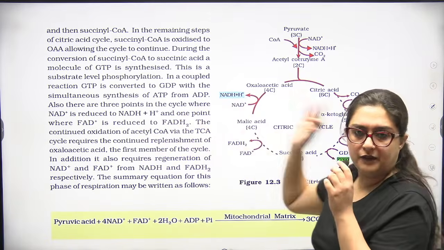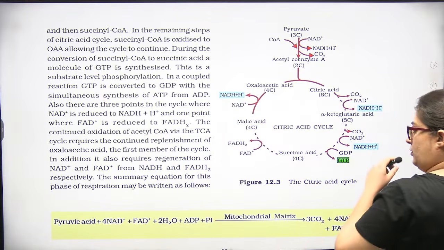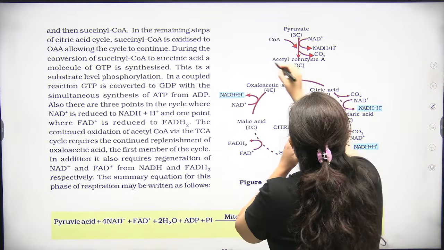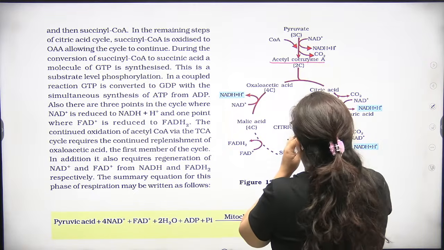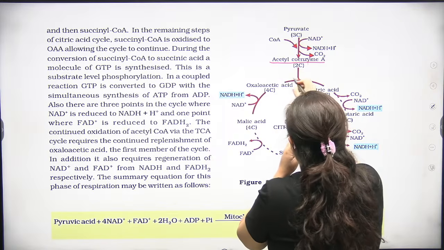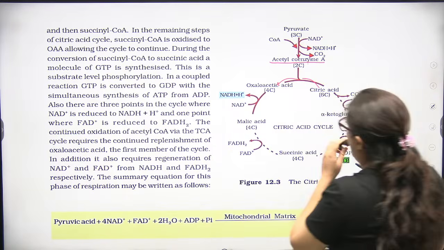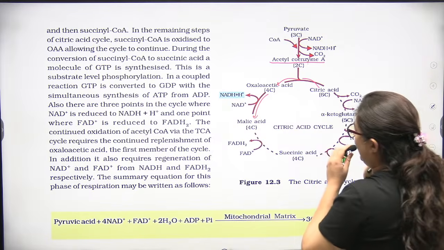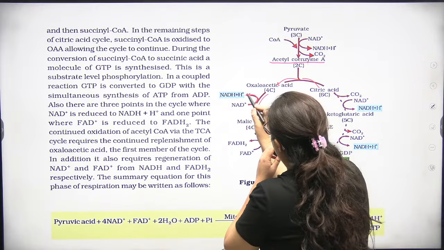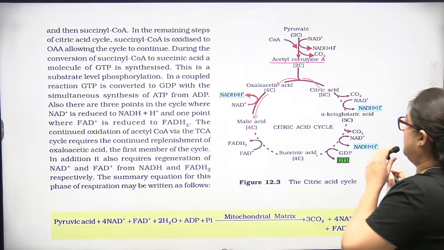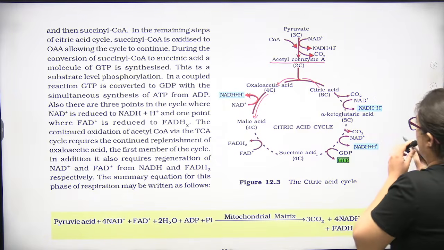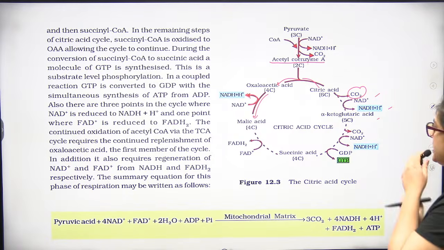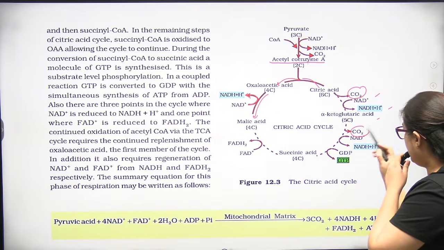Don't just read this paragraph, see this cycle. Pyruvic acid is 3 carbon, then acetyl coenzyme A is 2 carbon. It enters into oxaloacetic acid, citric acid; oxaloacetic acid is 4 carbon, with the same conversion by isomerism to malic acid. NAD+ converts into NADH plus H+. Citric acid is converted into CO2, NADH, then alpha ketoglutaric acid, then CO2 is released.